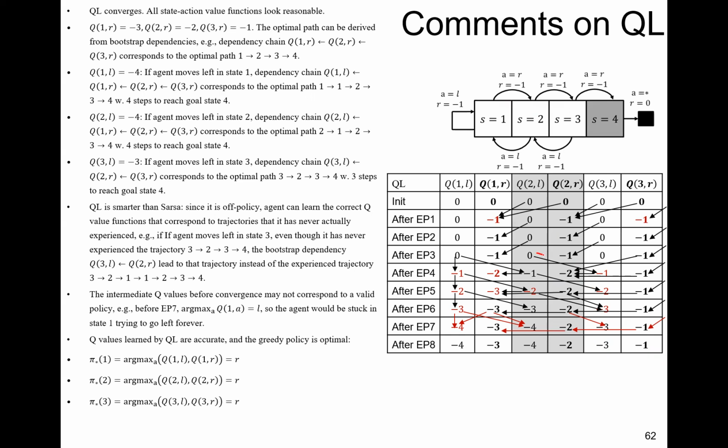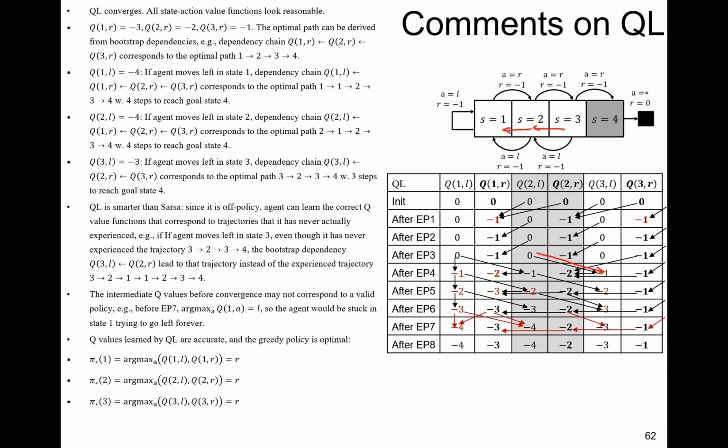Q2 left is 0. Q2 right you have experienced once, and it has a value of -1. So Q3 moving left thinks, okay, left is perhaps better from state 2 because it has a higher Q value.